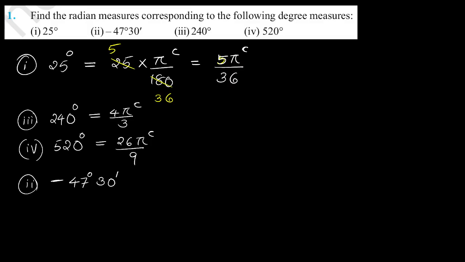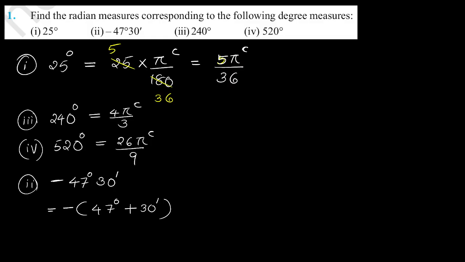Let the minus be outside. 47 degree 30 minutes means 47 degree rotation plus further one more smaller rotation, 30 minutes rotation. Is it okay? All of it clear?